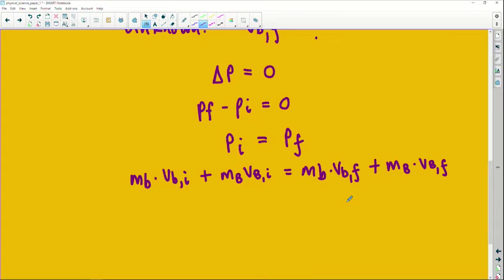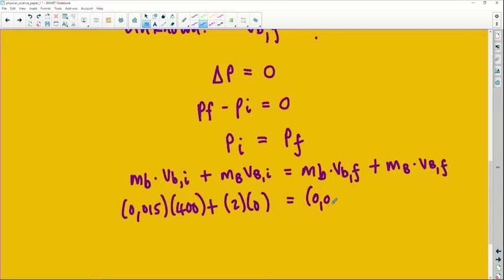So what we can do is we first of all substitute all of the known values into our equation, and we see that we only have one unknown, which is the velocity of the bullet in the end, this term over here, and we add the last term like so.